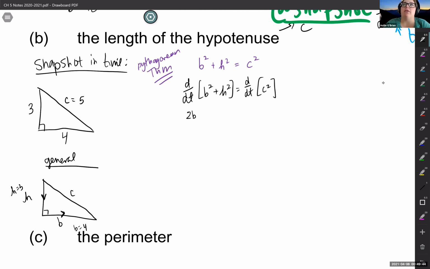You use the power rule, multiply and subtract 1 on the exponent, but we're not taking the derivative with respect to b, we're taking it with respect to time. So I have to tack on db/dt. Okay. Next term. Well, the derivative of h squared is 2 times h, but then h probably depends on time, so we have to tack on, well, how is height changing with respect to time? So dh/dt.